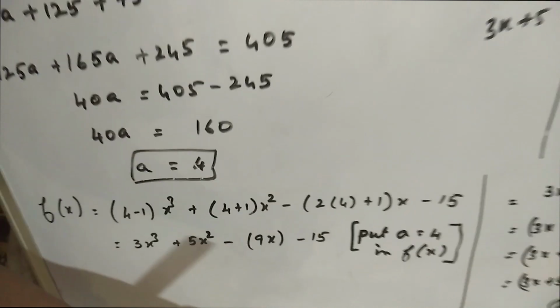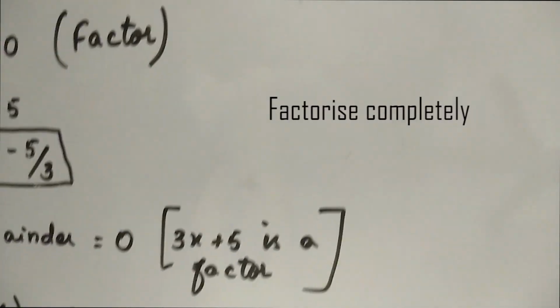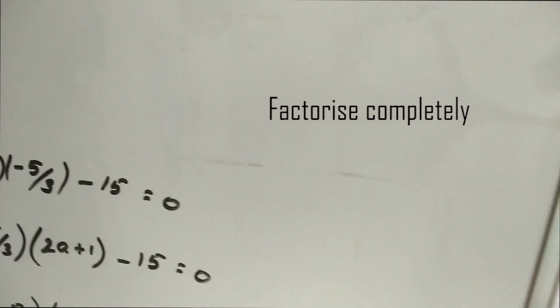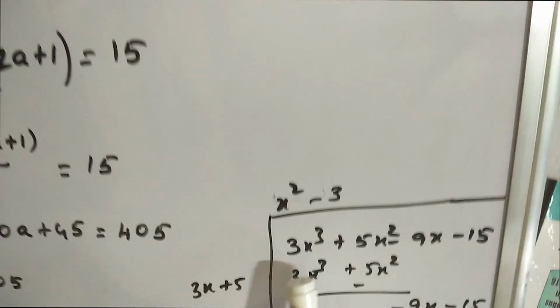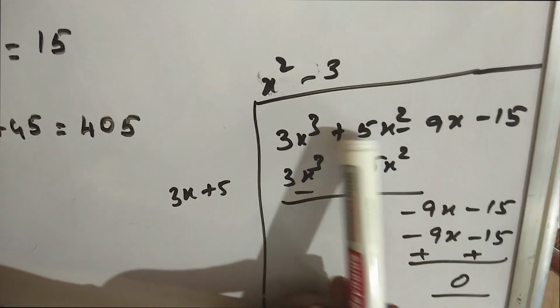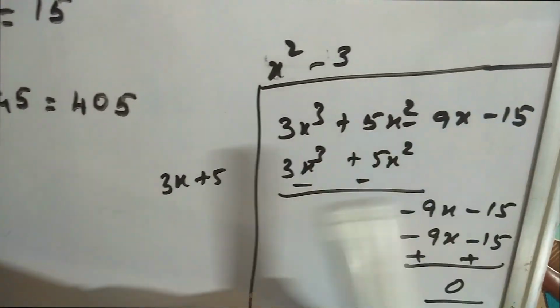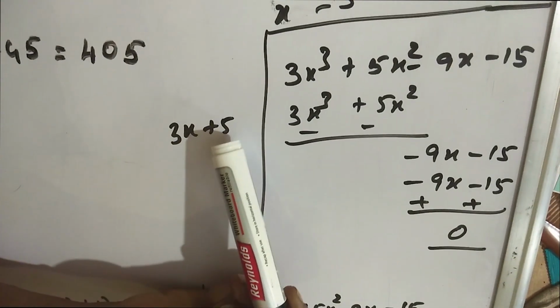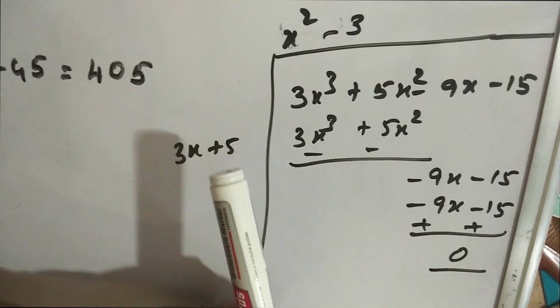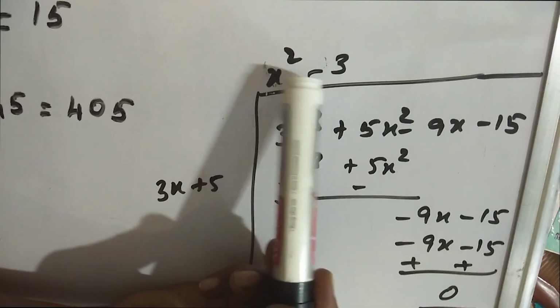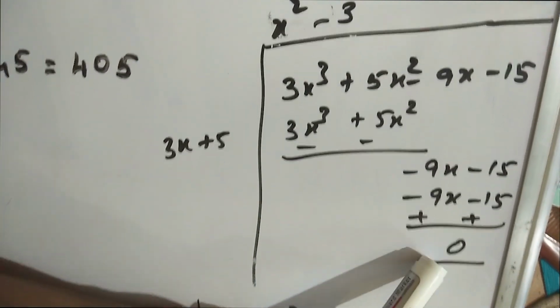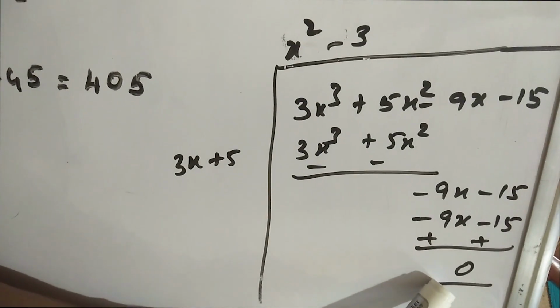Now in the question, what is given? Factorize completely. So you have to divide 3x cube plus 5x squared minus 9x minus 15 by 3x plus 5. And you will get the quotient x squared minus 3 and the remainder 0.